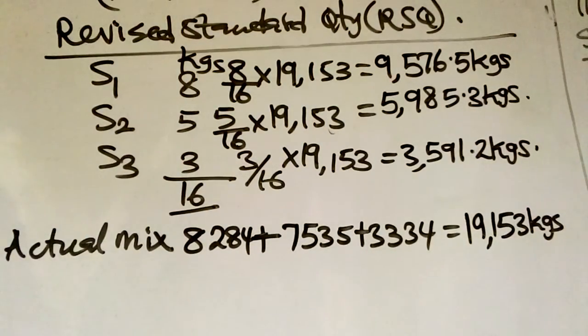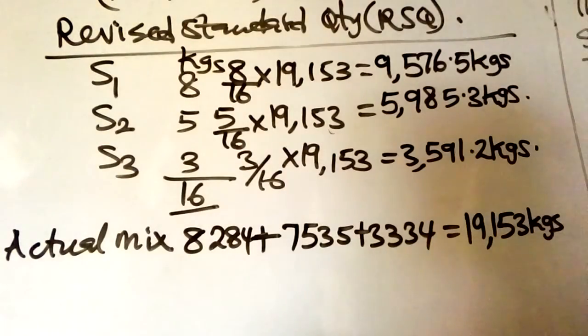That is the revised standard quantity. Now, having computed our revised standard quantity, then we can now go ahead calculating our material mix variance.